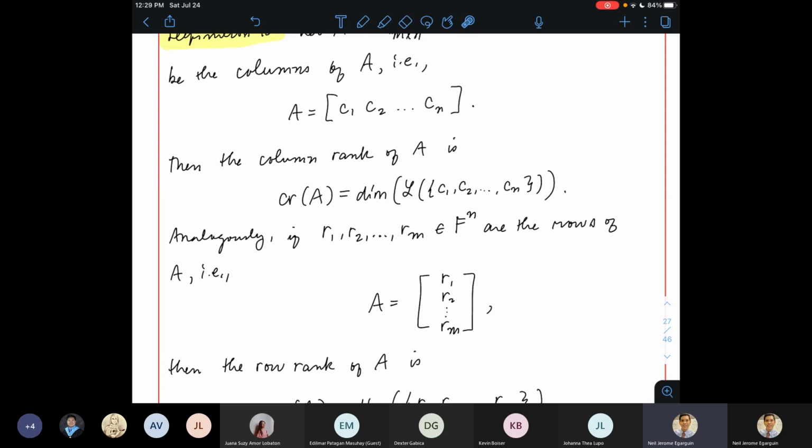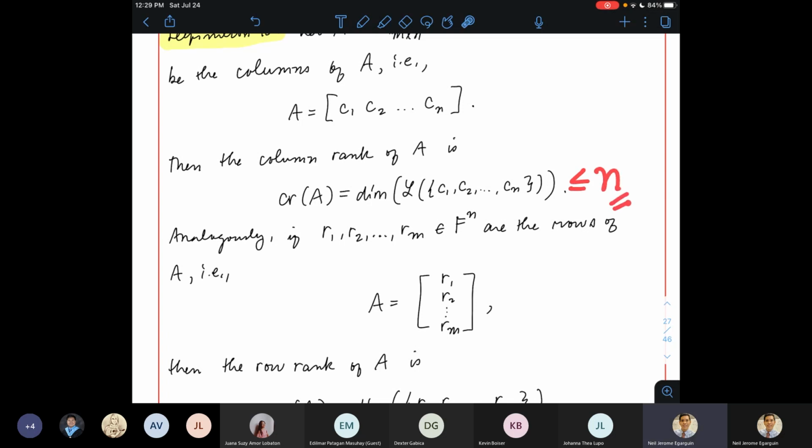So you can think of the column rank, dimension siya ng C1, C2, o ng span ng C1, C2 until Cn. So you can think of the column rank to be the number of linearly independent columns of your matrix A. Kasi di ba, ang dimension na to, alam ko to be less than or equal to n.